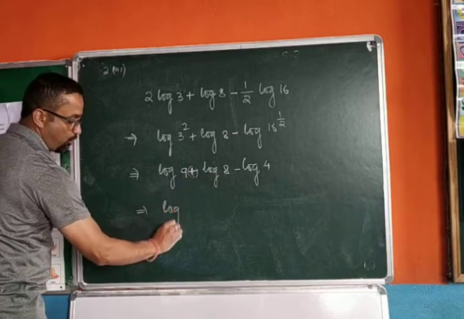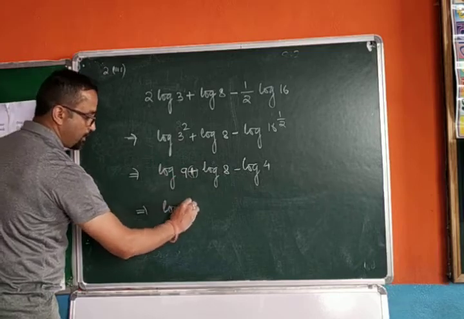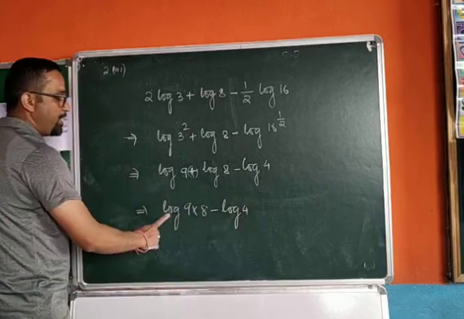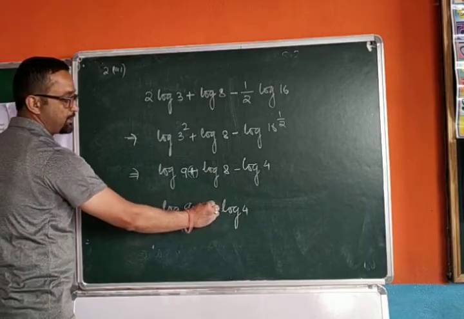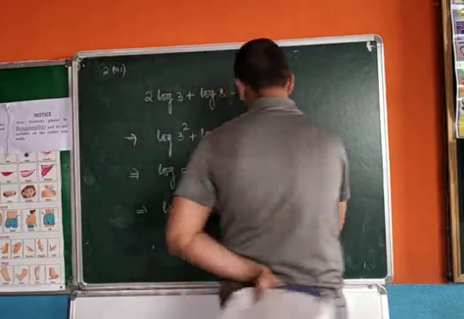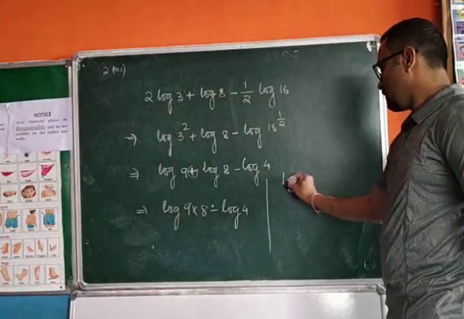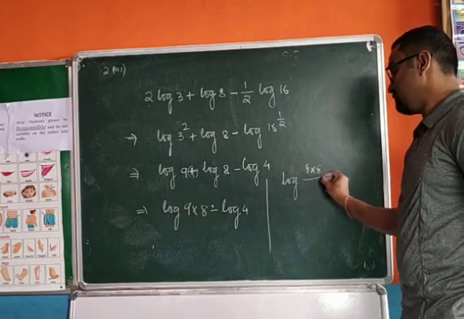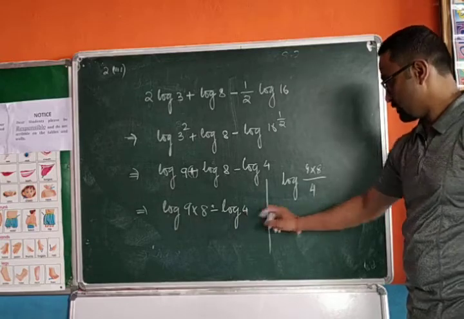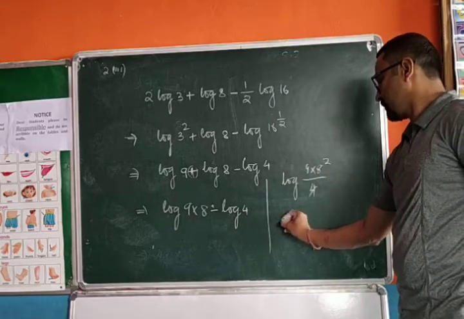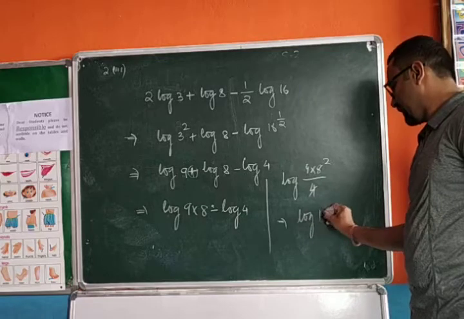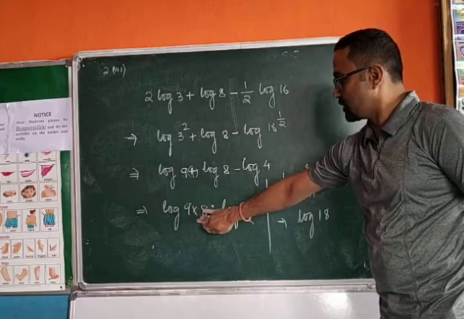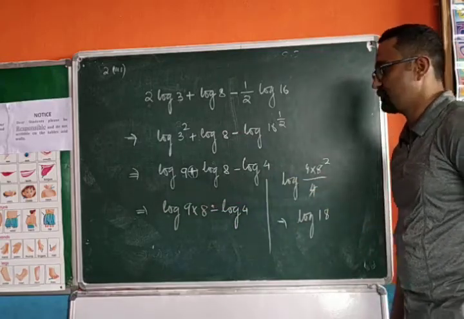You write 1 log out of these two, 9 into 8, minus log 4. In between the first and second logarithm there is a minus sign, and if you have a minus sign, 1 logarithm is written as 9 into 8 divided by 4 two times. You get 9 into 2 is 18. Similar question but the sign differs. Plus means multiplication, minus means division.